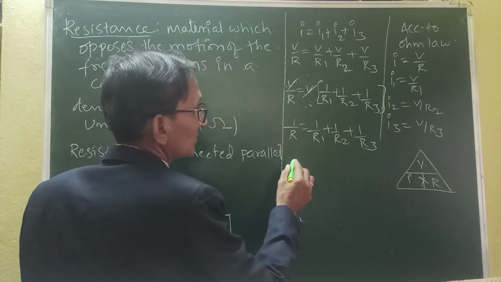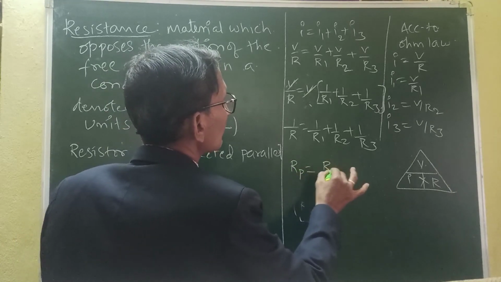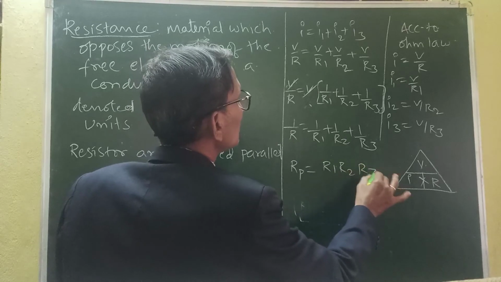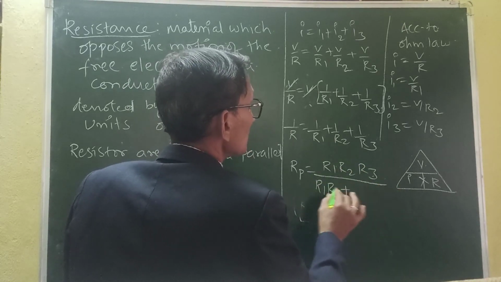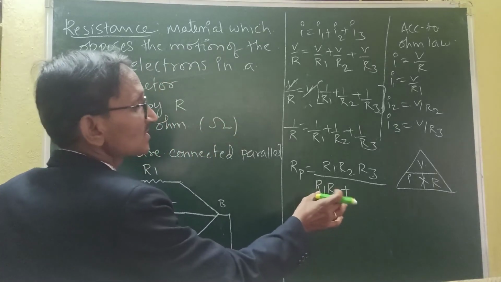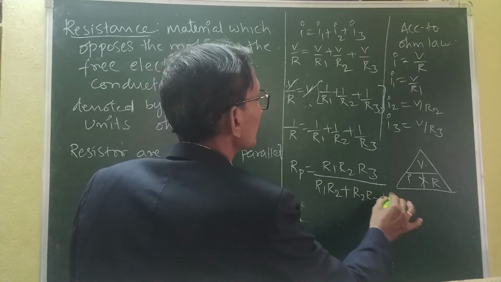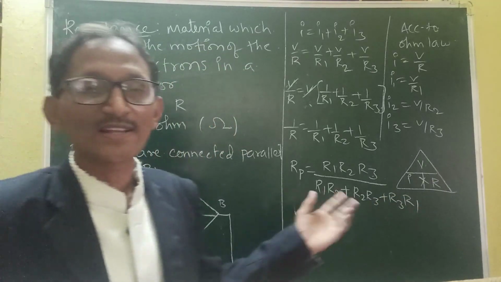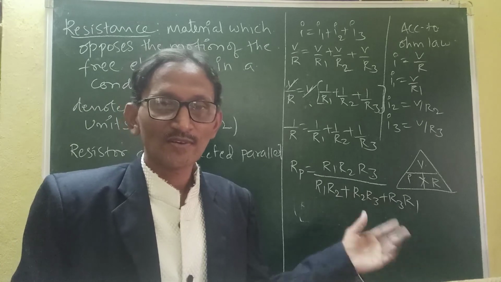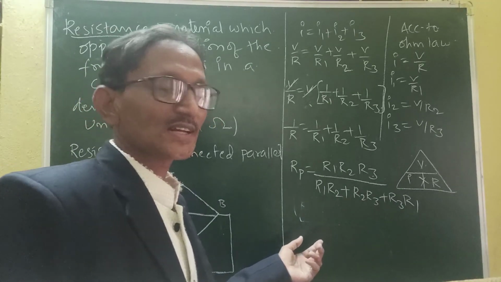So for the parallel combination, R parallel is equal to R1 R2 R3 divided by R1 R2 plus R2 R3 plus R3 R1, that is, the sum of the products of pairs of resistors. This is the way we use it for three resistors connected in parallel.